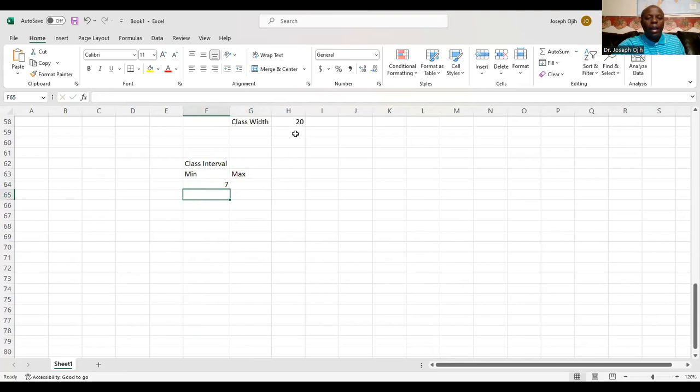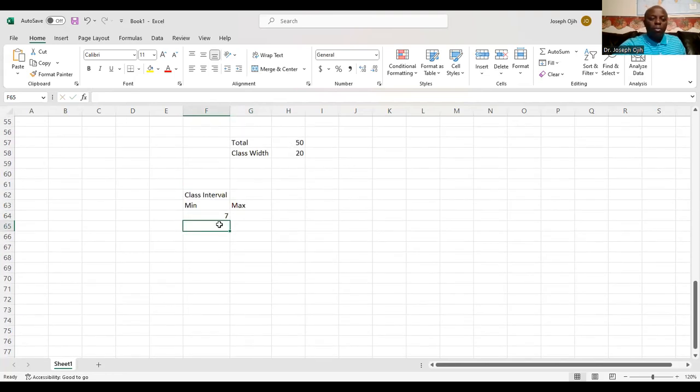For the next one, you keep adding 20 to it and you get the rest. Put the equal sign, click on 7 plus 20, then press the enter key. Then you can drag it down to the 6th number, 1, 2, 3, 4, 5, 6. So we don't need this one, so you don't move this.